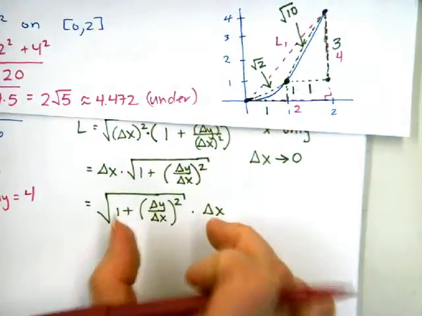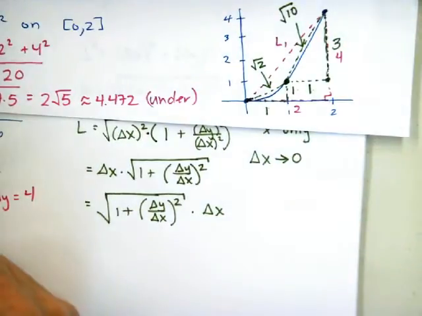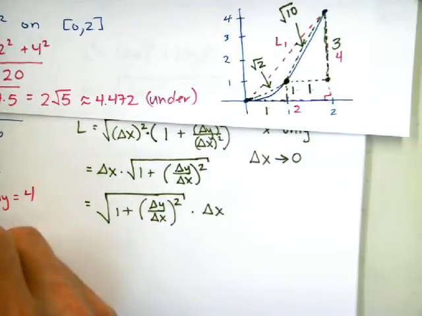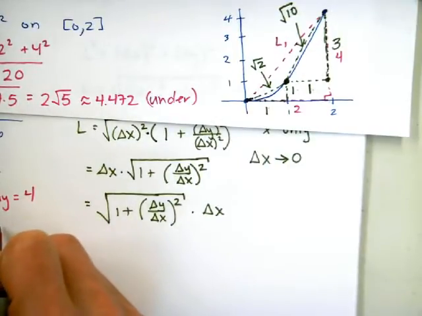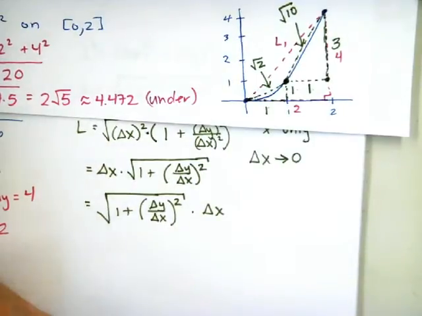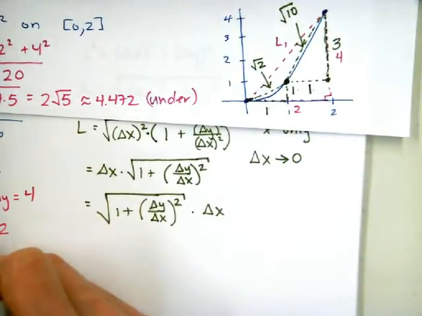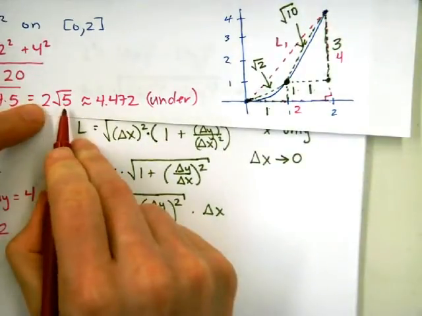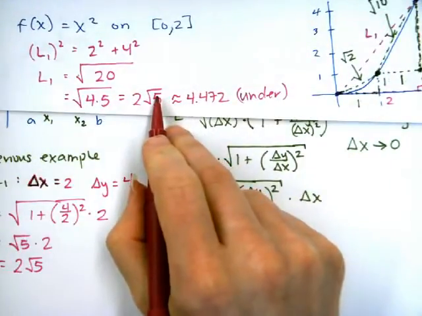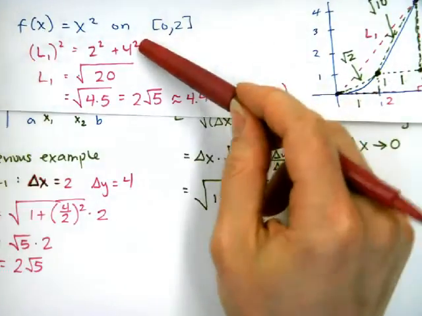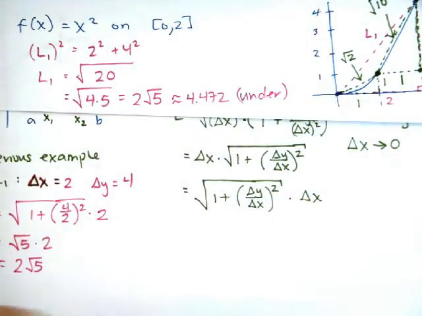So notice if I were to plug it into this formula, I would get that L1 is the square root of 1 plus delta y over delta x squared, times delta x. 4 halves is 2. 2 squared is 4, plus 1 is 5. You guys see how we're getting 2 root 5? That same thing? Okay, so this is basically just the Pythagorean theorem, just written slightly differently.